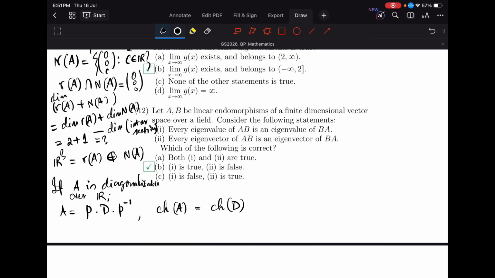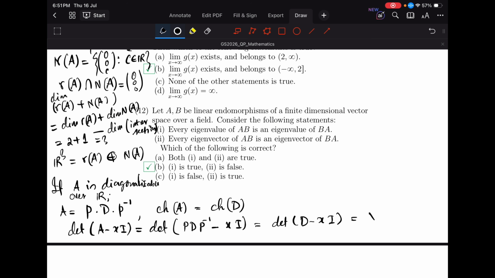Because the determinant of A minus xI is the determinant of PDP inverse minus xI, which is nothing but the determinant of D minus xI, which is just the product of x minus lambda over i. So my point is that you can write this determinant as (x minus lambda 1)(x minus lambda 2)(x minus lambda 3), linear factors.